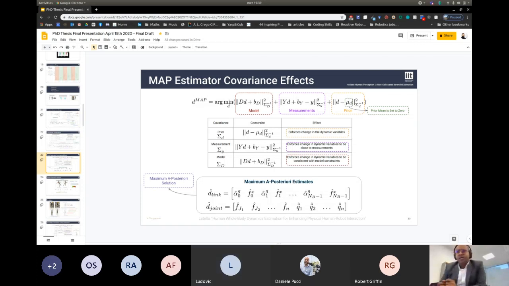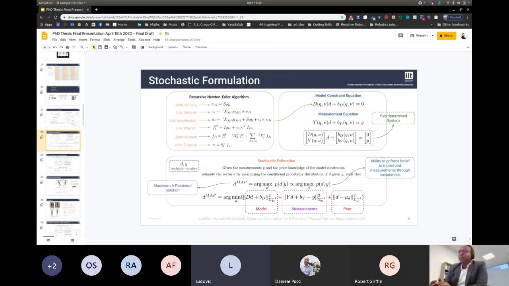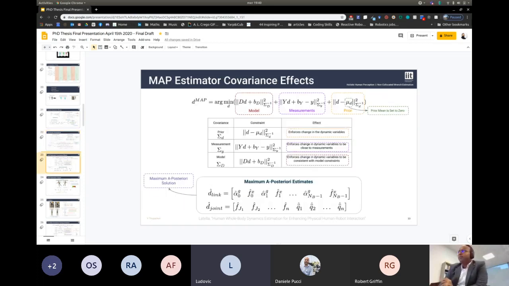I did not get the question precisely. So the MAP estimator works assuming that you have zero mean noise and basically a Gaussian distribution, right? Yes. This is not true in reality. And in particular, you have nonlinearities in your model where, if I understood correctly, some of your measurements go into the nonlinearity, even if it's not what you try to estimate.